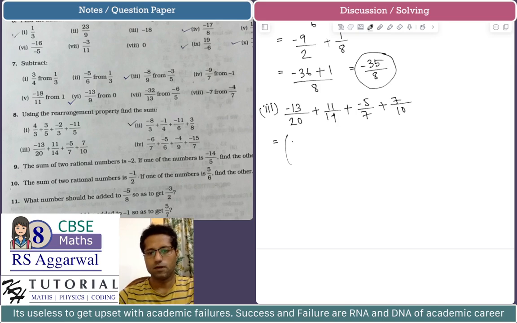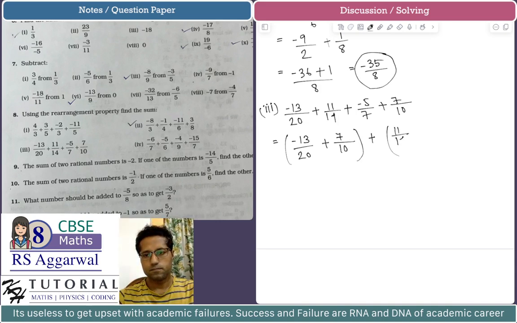Whenever you do grouping, always remember that in each group, the HCF of the denominators of all the rational numbers should not be equal to 1. So I will group minus 13 by 20 with 7 by 10, because I have to consider 11 by 14 and minus 5 by 7 together.